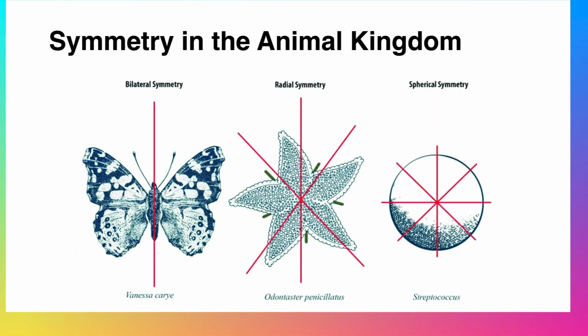So here are examples of bilateral symmetry with this butterfly or moth, radial symmetry with this starfish, and spherical symmetry, which I didn't mention in my previous statement, but is actually a form of radial symmetry, not really different from radial symmetry.